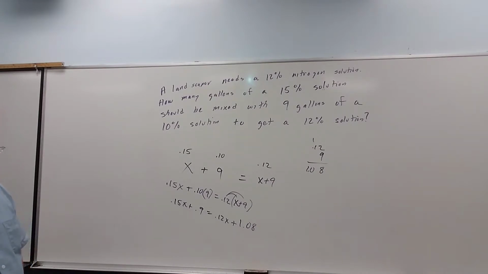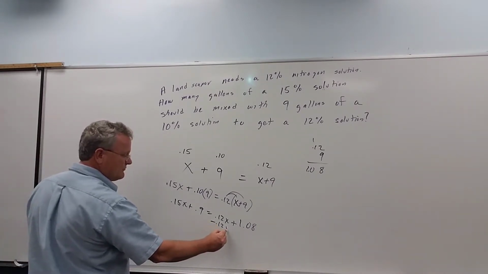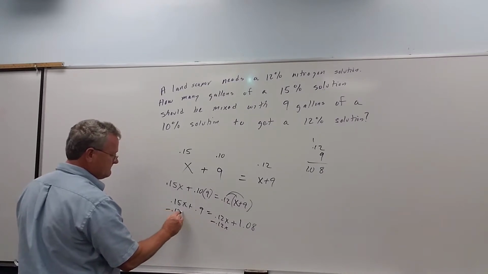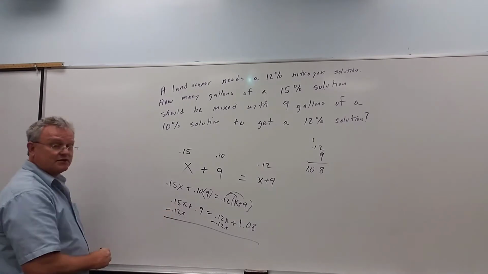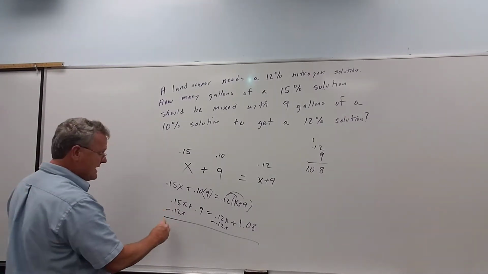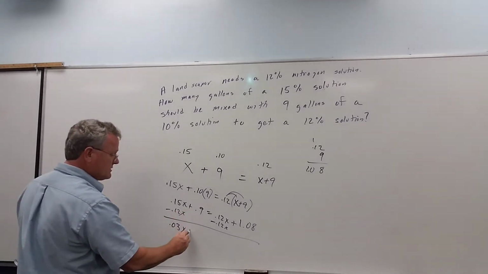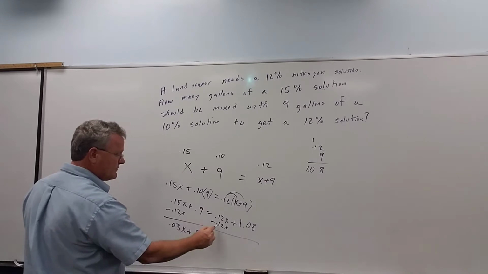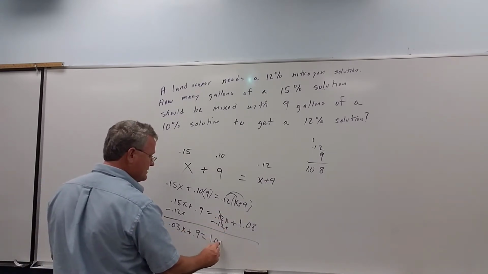Okay, so now we just solve this. If I subtract 0.12x from both sides, 0.15 minus 0.12 is 0.03. Plus 0.9, those add up to 0, and we're left with 1.08.